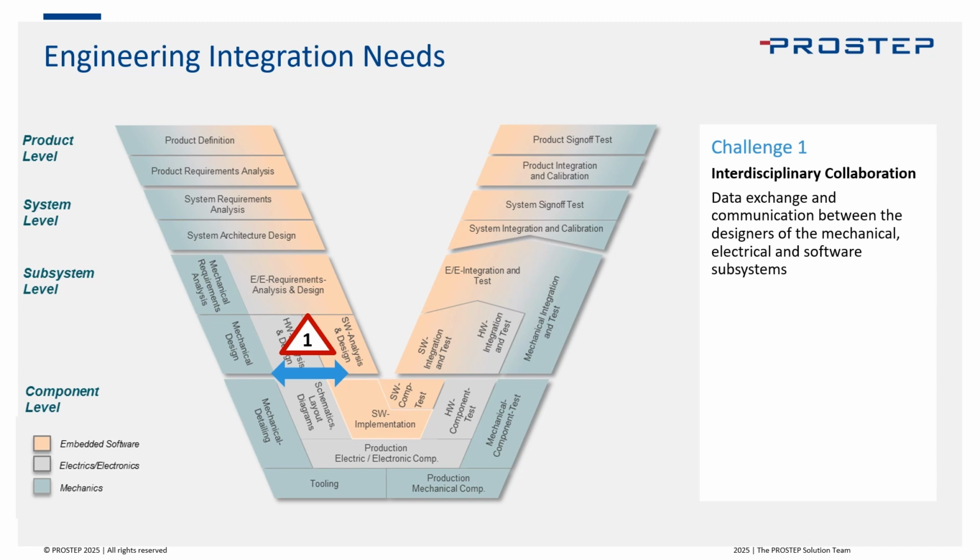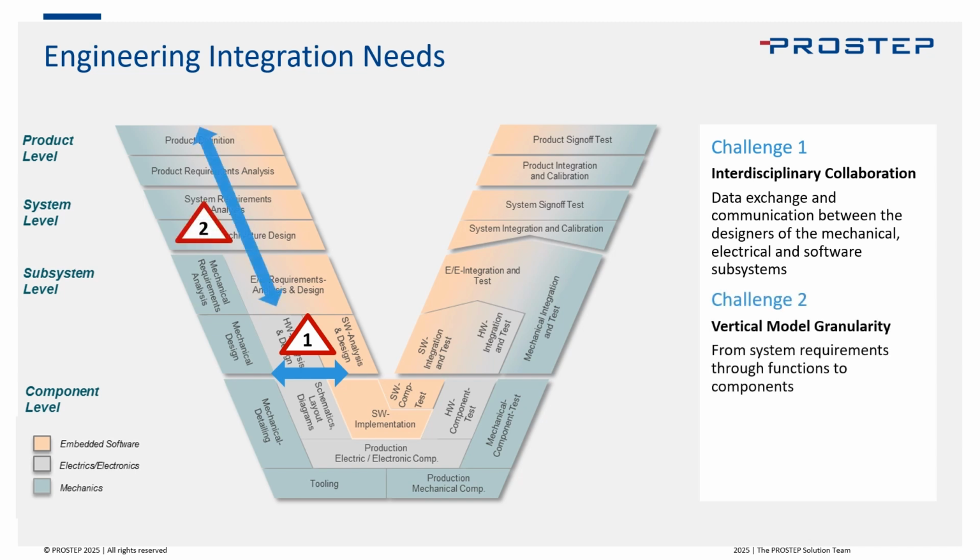to do that together. The second challenge is vertical model granularity, and this is really moving across the product lifecycle. So starting with your requirements system, then to a model-based systems engineering system, then to concepts of design and product lifecycle management, then maybe into validation or risk analysis or production planning, process planning systems, resource planning, all those things.